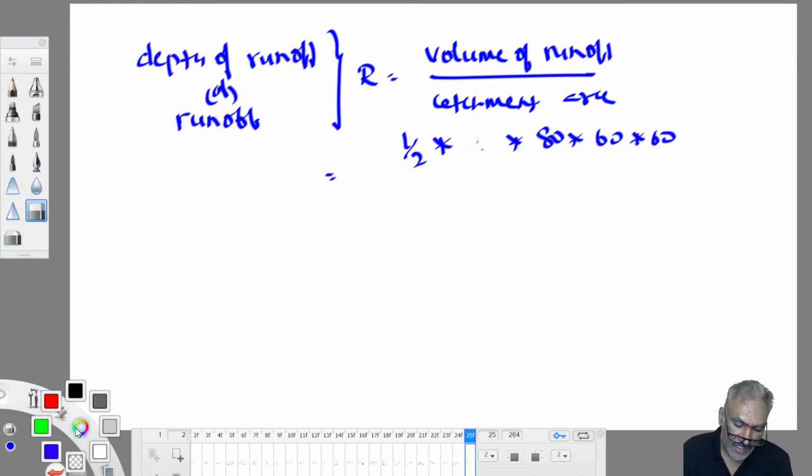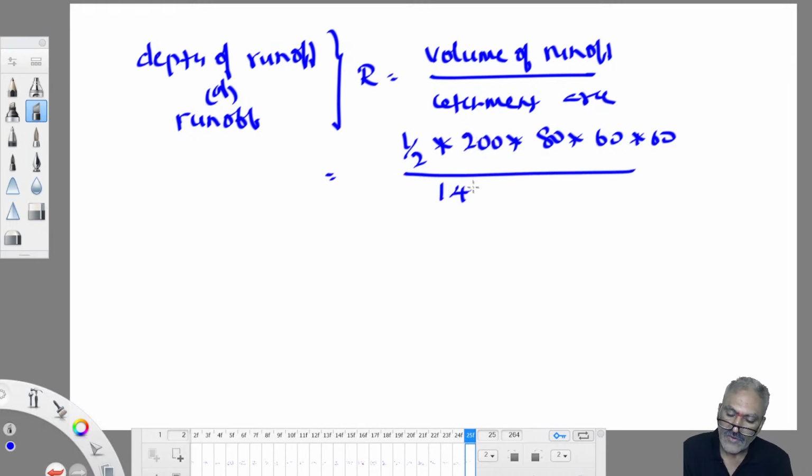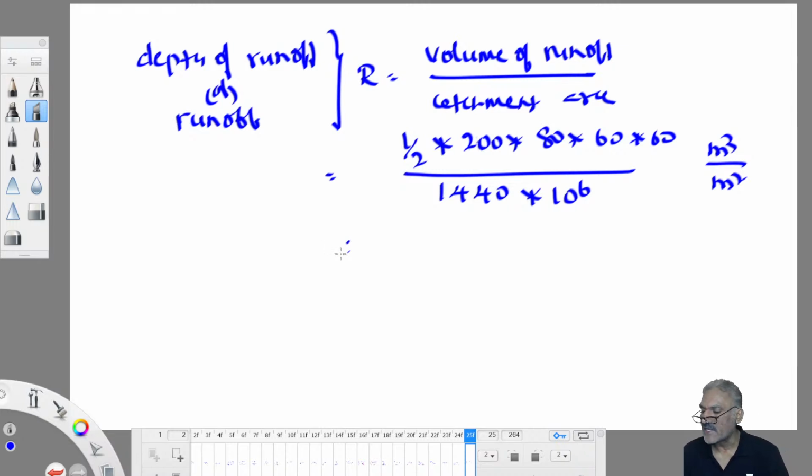For you a calculator is allowed, therefore they will ask tough numericals. So this is in meter cube by meter square, you will get the answer in meters. Then you can convert to whichever unit system you like. Come on, work out.